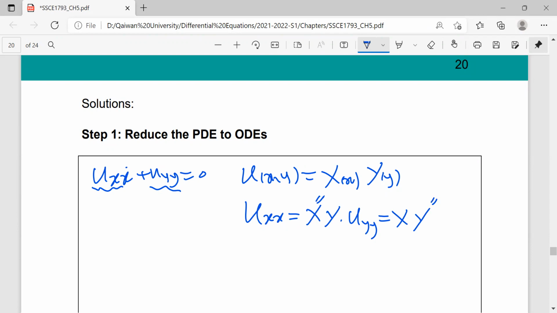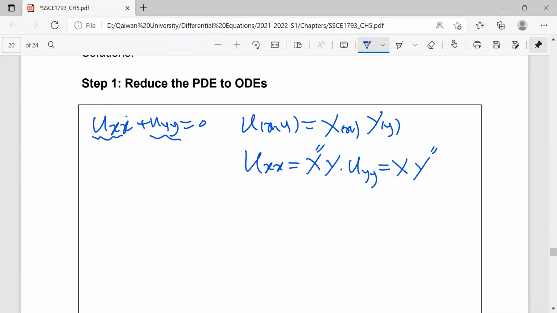We now return to the partial differential equation. We get X double prime Y plus X Y double prime equals 0. Let's divide both sides by XY.